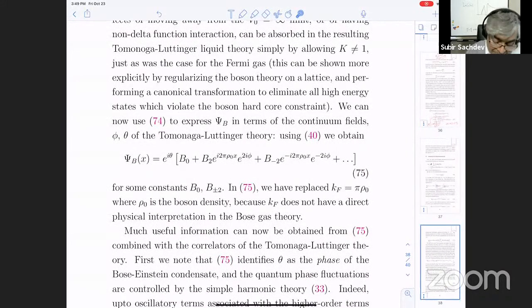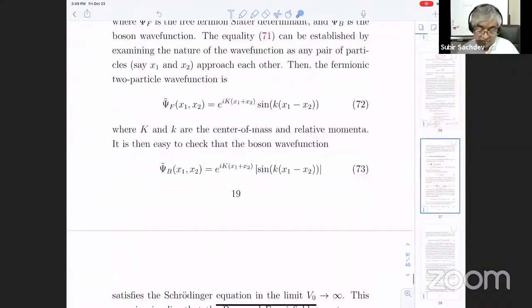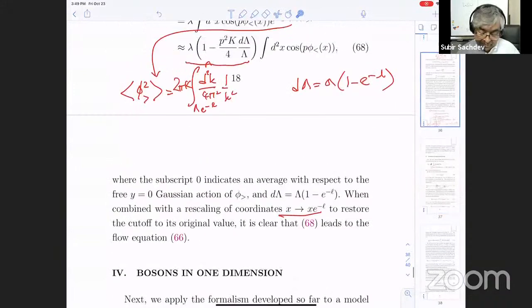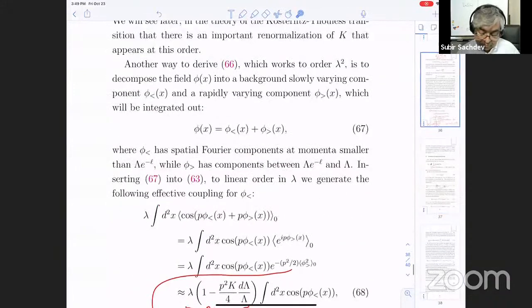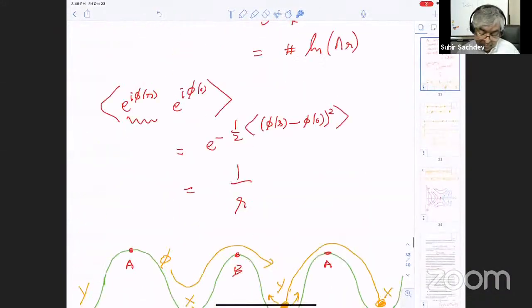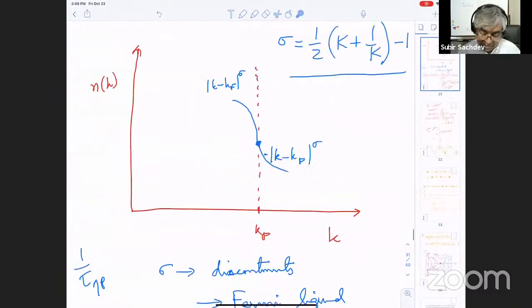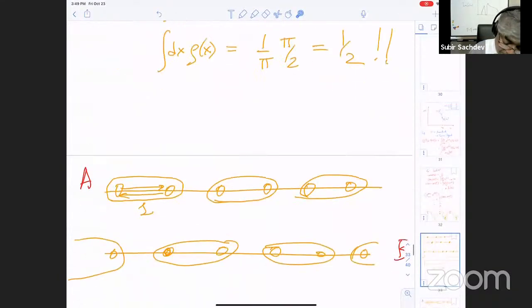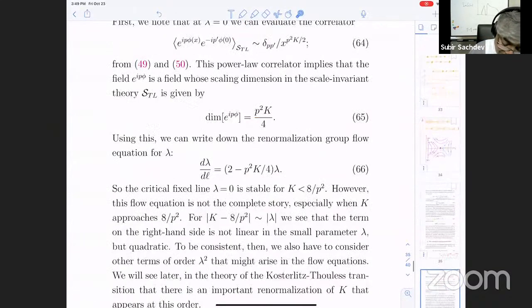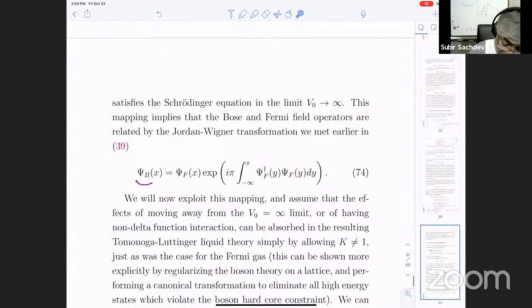The leading term, instead of being e to the i theta plus phi at 2kfx, so maybe I should remind you. What we found for the fermion field, where did it go? Well, I'll write it out. I should be able to get it right up to signs here.